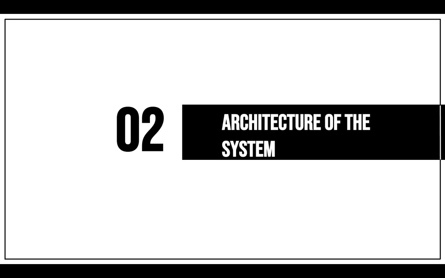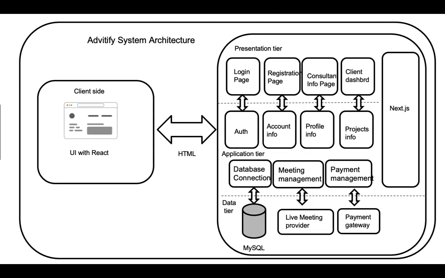Then we are going to review the architecture of the system. Our system is based on a 3-layer architecture, and as you can see here, we have the client side with the user interface created with React.